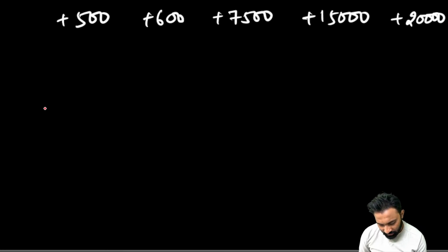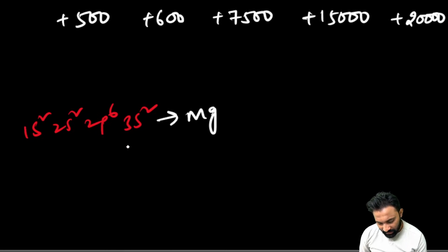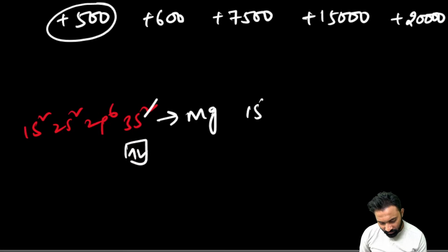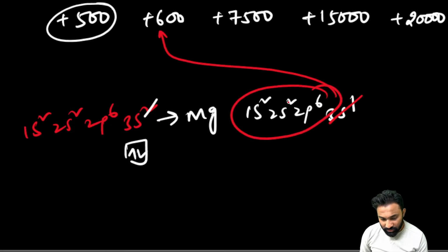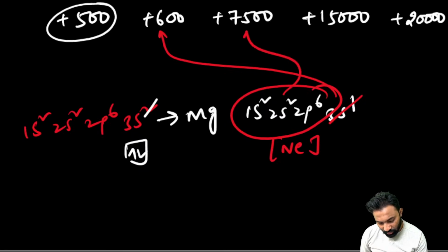Now the electronic configuration 1s2, 2s2, 2p6, 3s2 is for magnesium, right? Due to the stable configuration, it requires 1. If you remove one electron, it will reach 1s2, 2s2, 2p6, 3s1. By removing one more electron very fast, it will give you the neon electronic configuration, right? This neon electronic configuration is more stable. It requires higher energy to remove the electron.